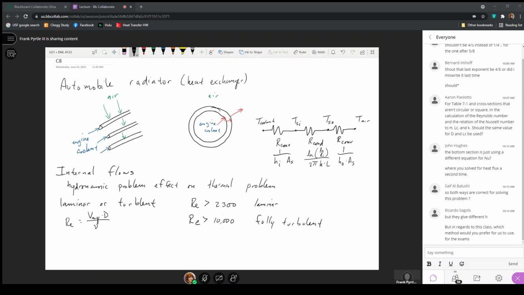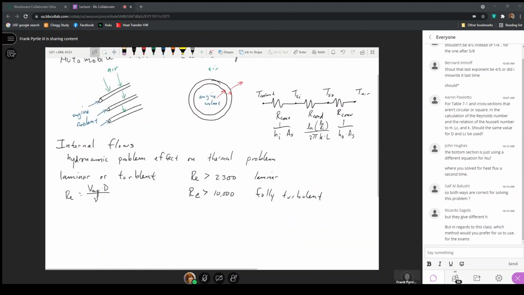Now here, notice that this velocity is not a free stream velocity anymore. That's because there is no free stream associated with a fluid that is moving through a pipe, due to the no-slip condition. So if I have fluid moving through a pipe here, if we draw the velocity profile, let's say once it's fully developed, let me draw this.